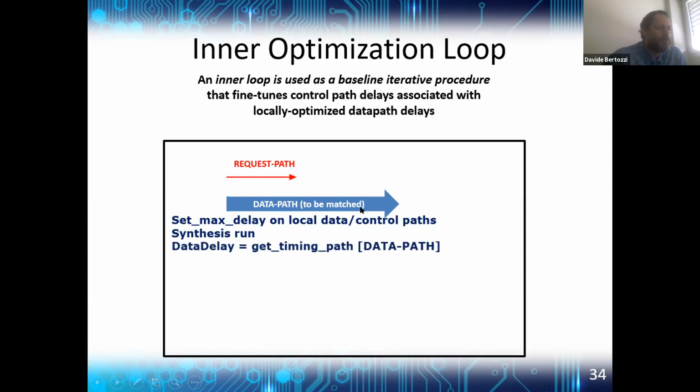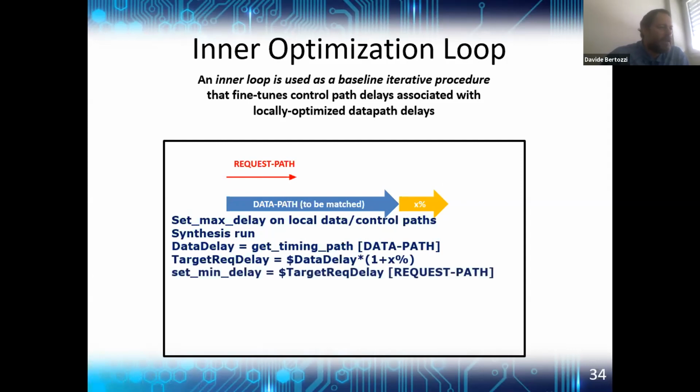Then the methodology automatically extracts the timing of this path and then establishes minimum delay constraints for the later synthesis of the request signal, the bundling signal. So we define the timing margin of X%, and therefore we say that the request path should be delayed with respect to the data path by at least a certain amount. So we enforce a timing margin represented in yellow here.